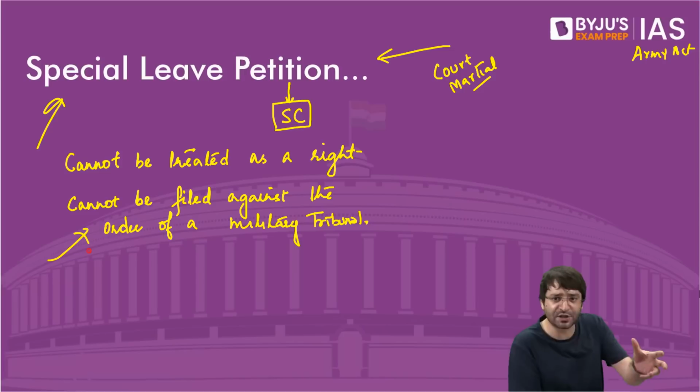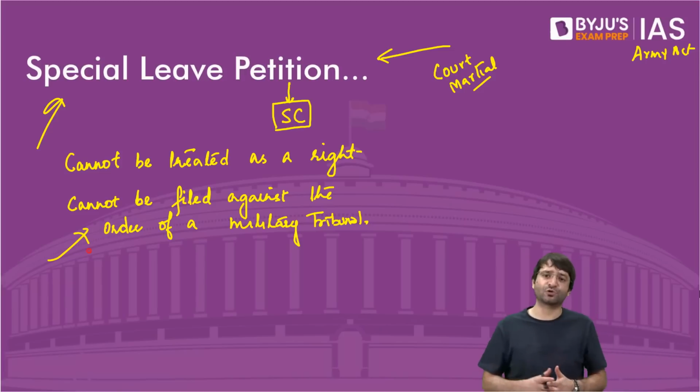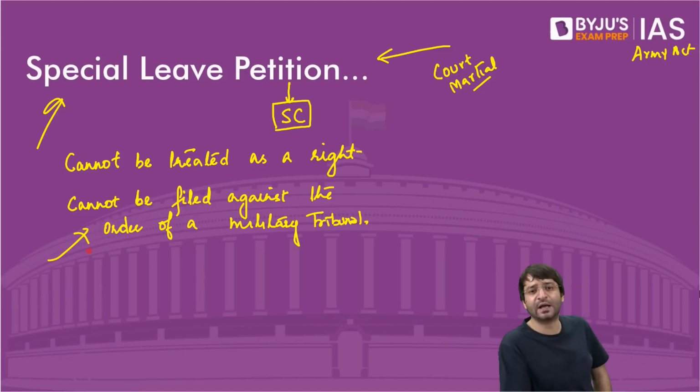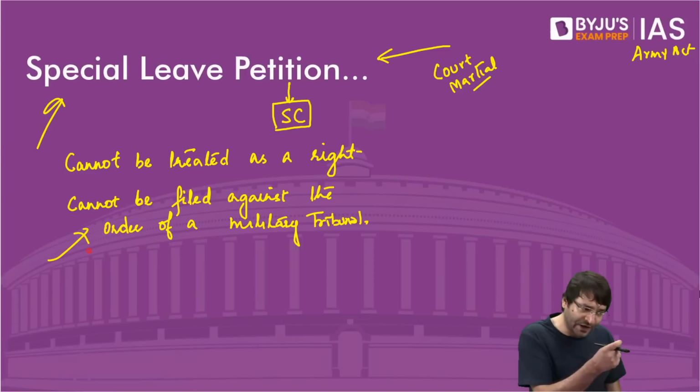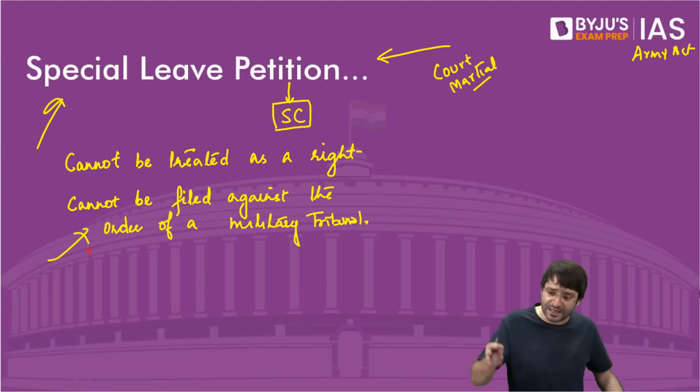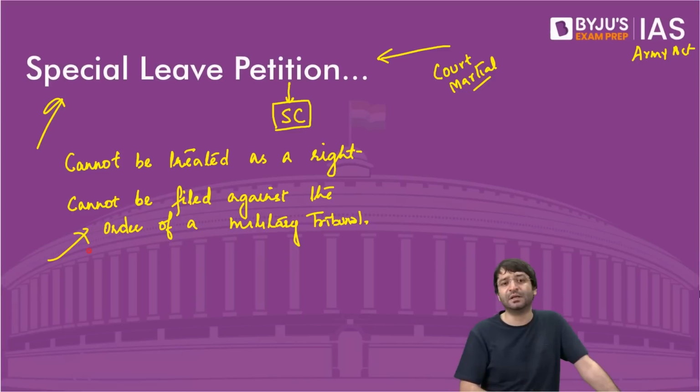In absence of the certificate, one can still approach the court under Article 136 and call for a special leave petition. You'll have to convince the Supreme Court that this case should be heard. If it is convinced, it will accept it. If it is not, then it will reject your special leave petition. But you cannot file a special leave petition against the order or a judgment given by a military tribunal.